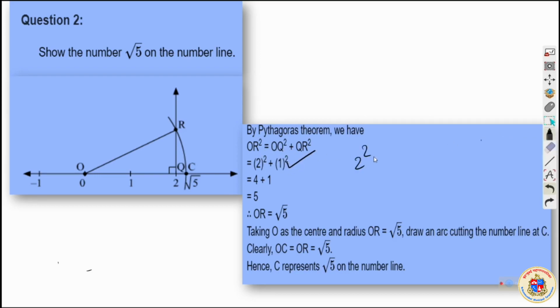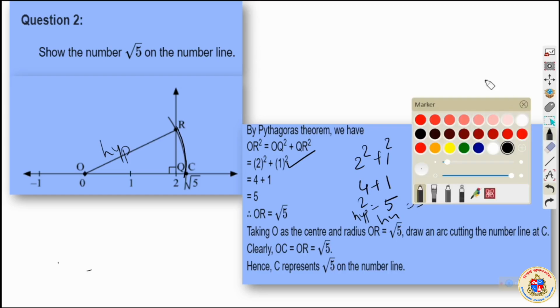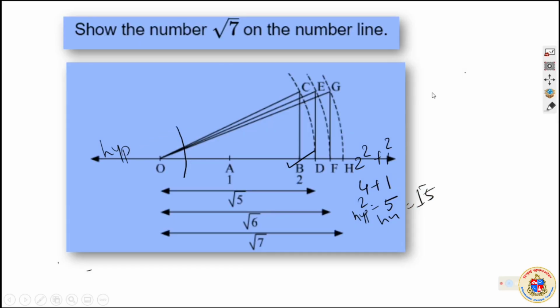So 2 square plus 1 square, which will be equal to 4 plus 1, which will be equal to 5, which is hypotenuse square. Then hypotenuse will be root 5, and that root 5, which is of hypotenuse, you will extend here to get the answer of root 5. It goes on like this. Little care and little common sense is very essential for following.